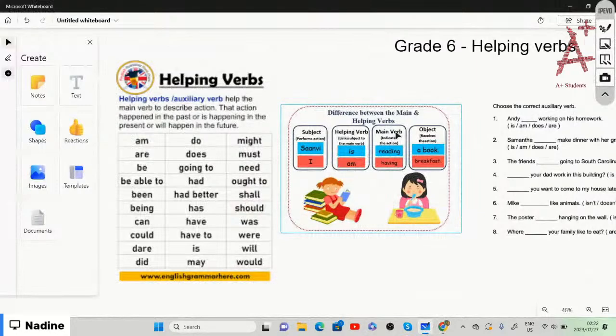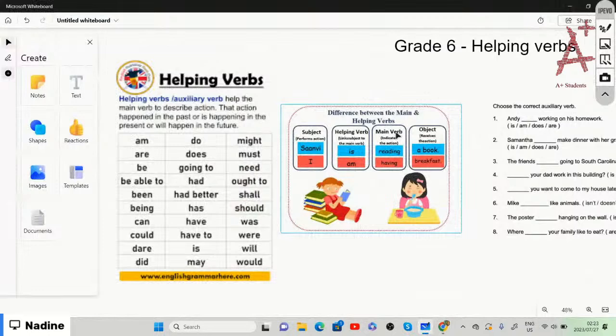The subject is the person or thing that performs the action, and the main verb indicates the action. That is the difference between a main verb and a helping verb.